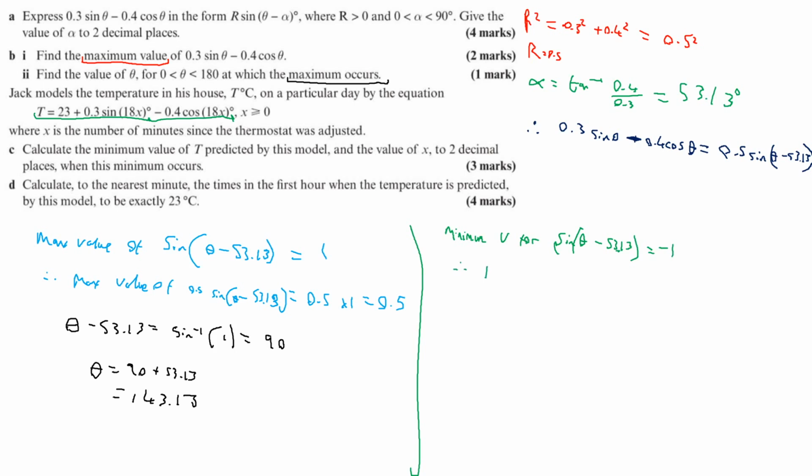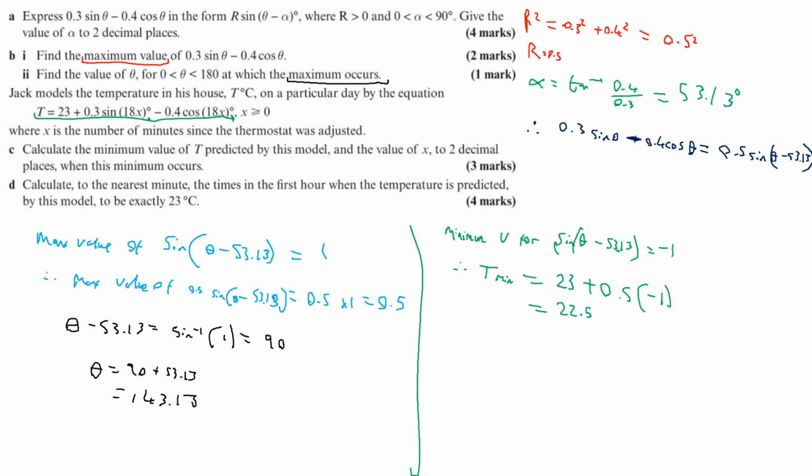So therefore, t min is just going to be 23 plus 0.5 times -1, which is equal to 22.5. Okay?